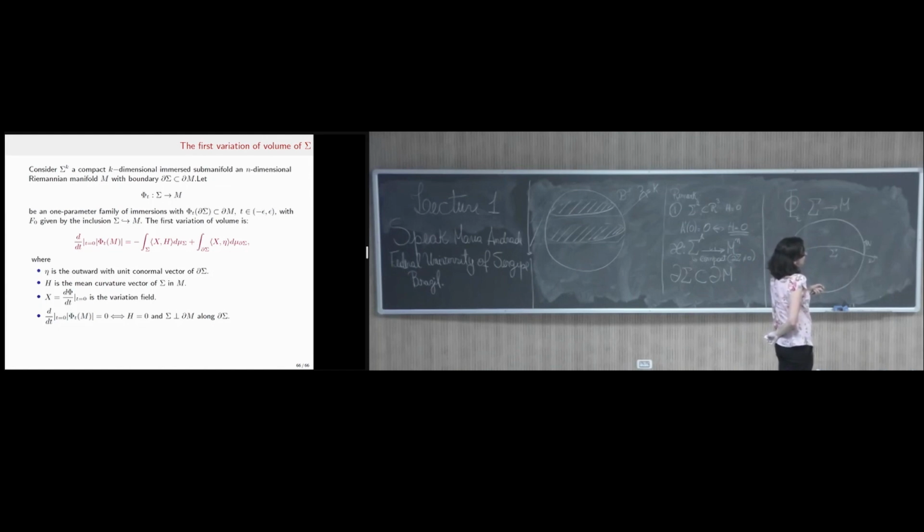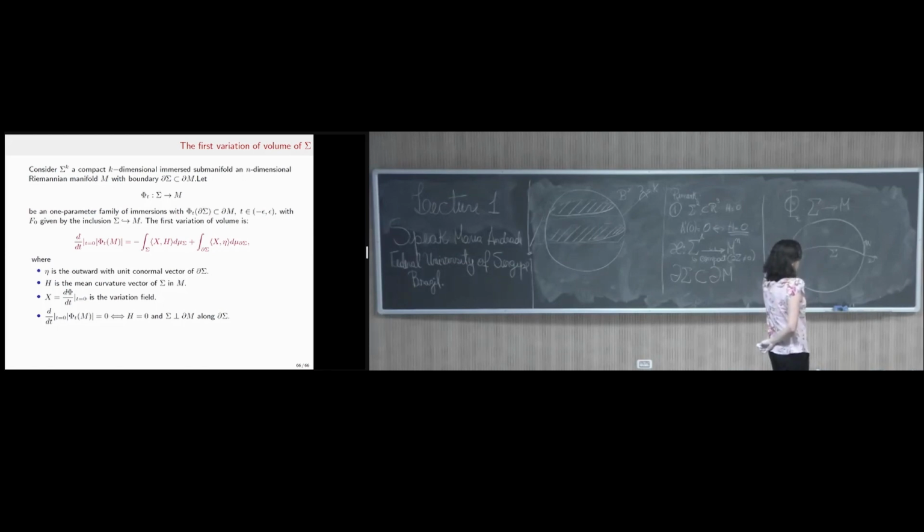And what more? Look at this expression here, this is equal to 0. And what more? This last one here is equal to 0. What does it mean? It means that the surface intersects the boundary of M orthogonally, okay?